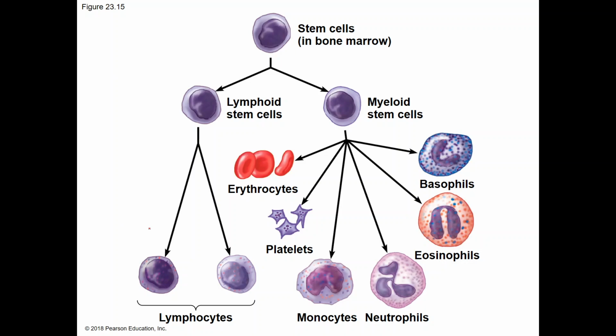So in this situation, stem cells can be used to reproduce healthy leukocytes and transplant those leukocytes into a person with leukemia and eventually replace all of the cancer cells.